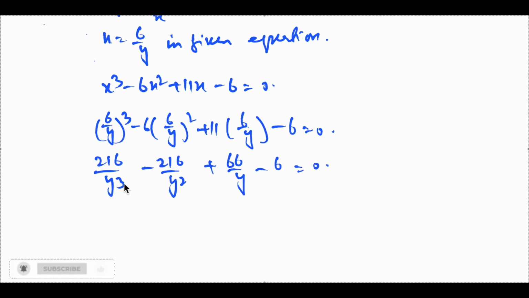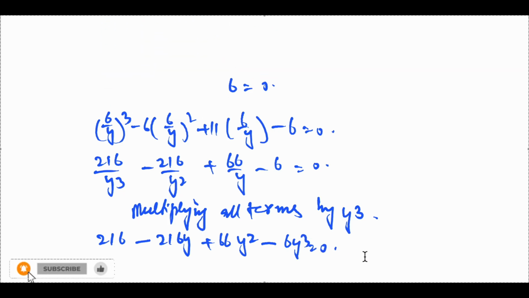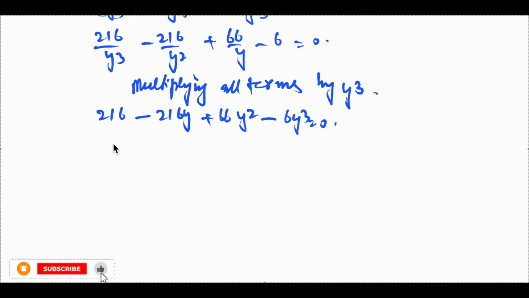Multiplying all the terms by y cubed, this becomes 216 minus 216y plus 66y squared minus 6y cubed is equal to 0. So I take this as minus 6y cubed plus 66y squared minus 216y plus 216 is equal to 0.